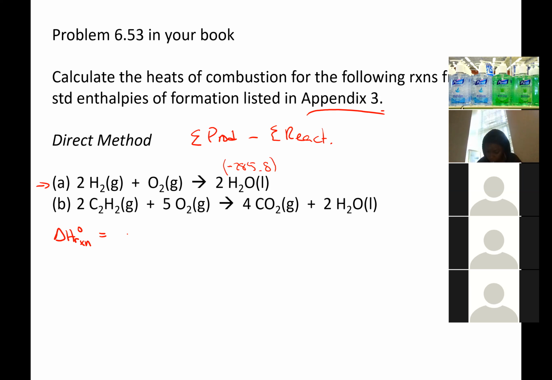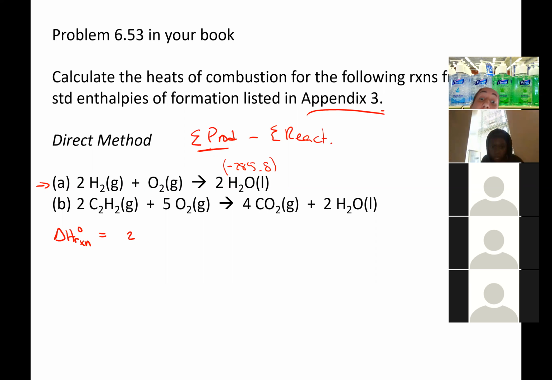Do 2 times, 2 times 0, right? Because what goes first, you guys? Isn't it product? Yeah, 2 times 0. Wait. Oh, wait. I'm still confused. Why wouldn't we do 2 times H2?